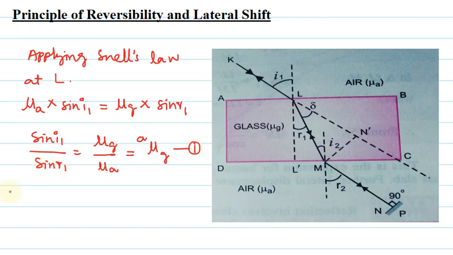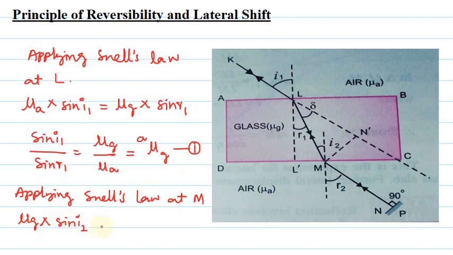Again, let us apply Snell's law at M. So we can write this as mu G into sine I2 is equal to mu A into sine R2.